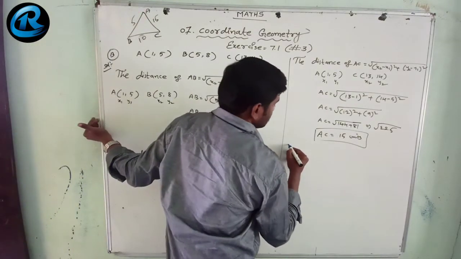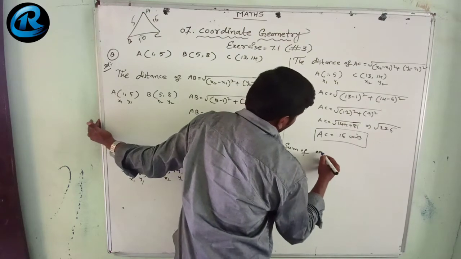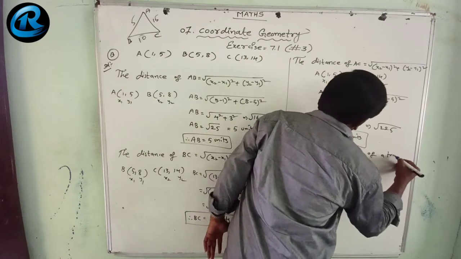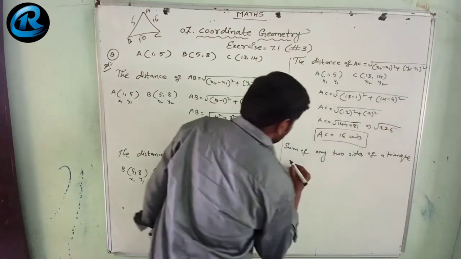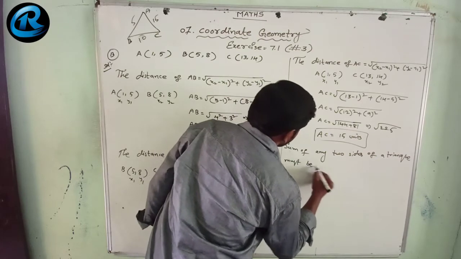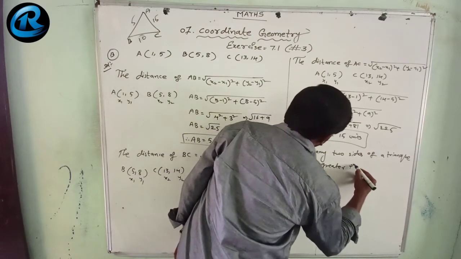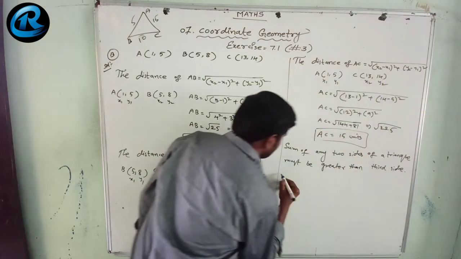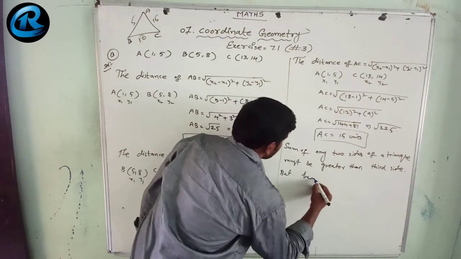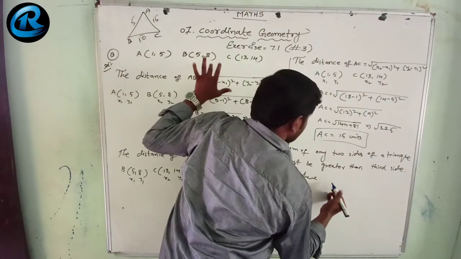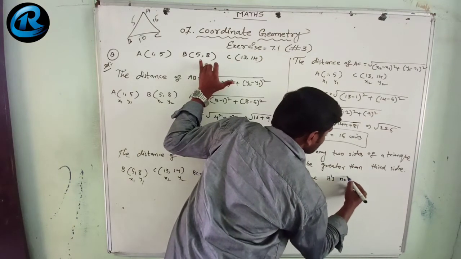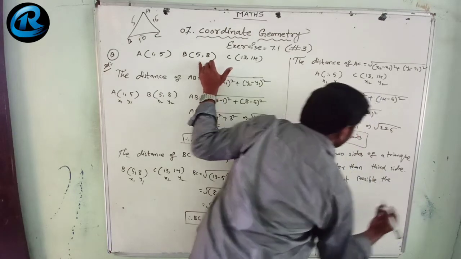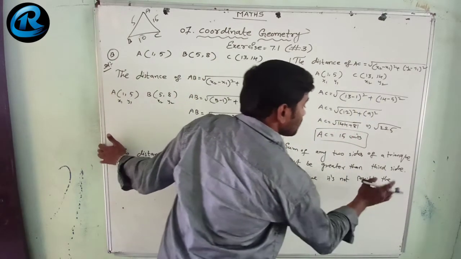So the sum of any two sides of a triangle must be greater than the third side, but here it's not possible.